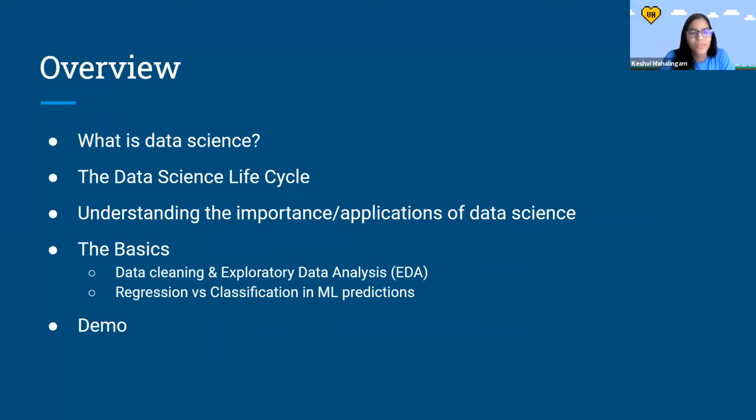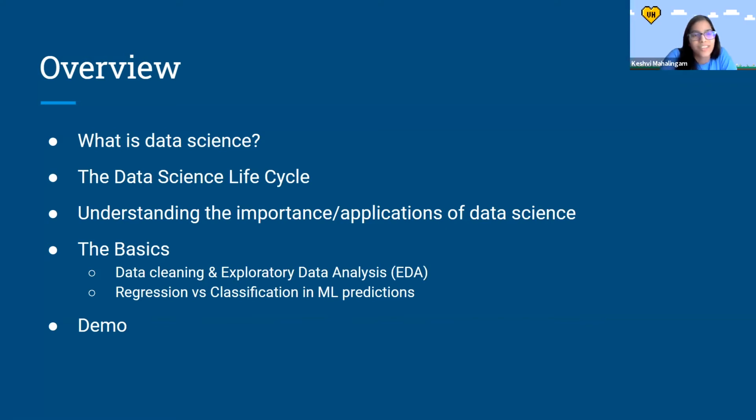All right, so just a quick overview of what we're covering today. We're going to start off by discussing what data science is and what the overall goal of data analysis is and why it's important. We're also going to go through the steps in the data science life cycle.